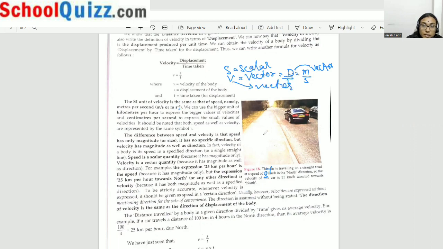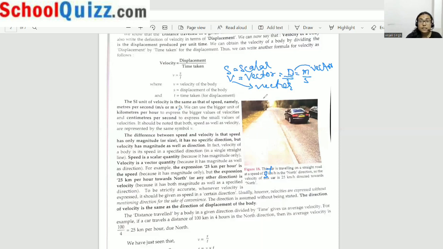Clear, everyone? Why it is a vector quantity and what is the meaning of vector quantity? Velocities are often expressed without mentioning direction; for the sake of convenience, the direction is assumed without being stated. The direction of velocity is the same as the direction of displacement, because displacement always considers the direction, and velocity also considers the direction.